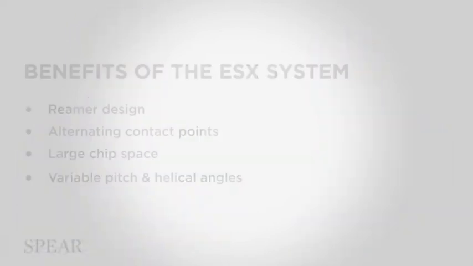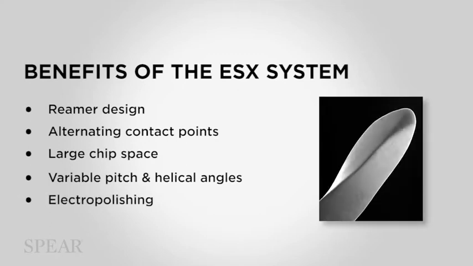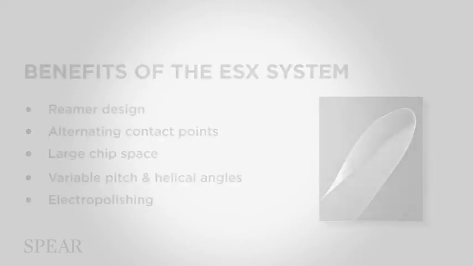And something that's very unique about this file that is only shared with a couple of other files in the entire market is the electropolishing component of it. Electropolishing is something that manufacturers do as a last layer of polishing. And the only two other files in the market that have electropolishing, other than the ESX, are the end of sequence as well as the BioRace files.